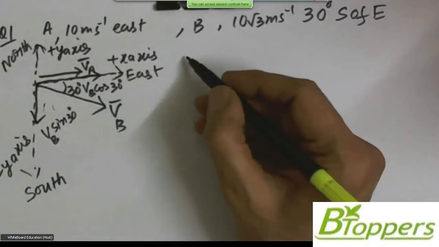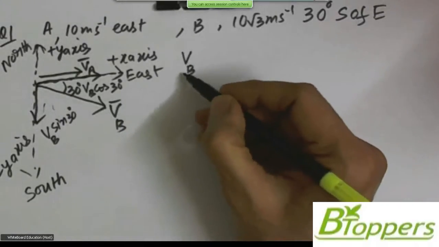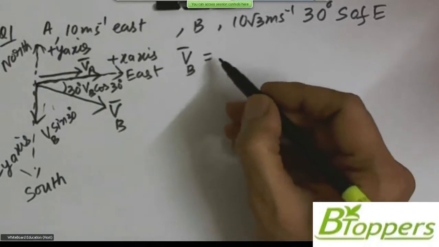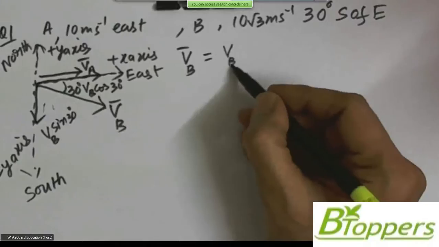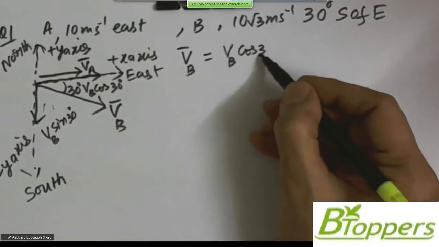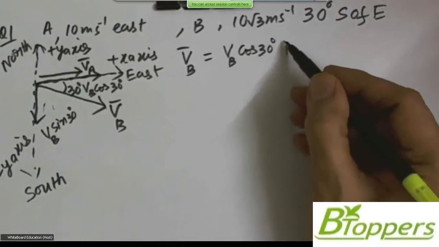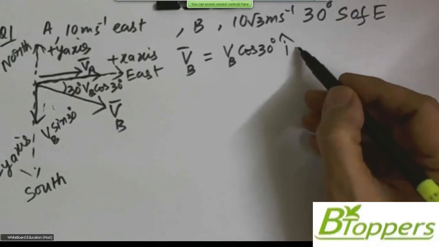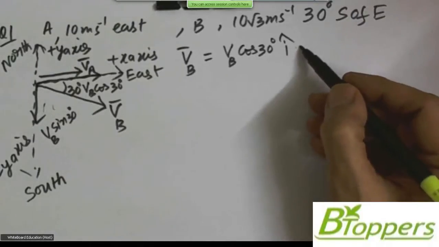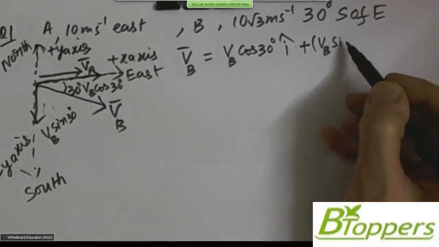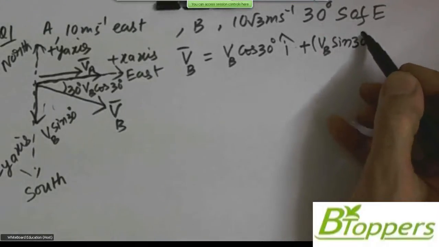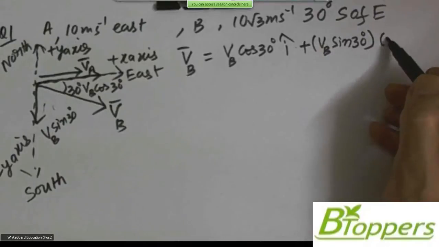So, in vector form, the velocity of B can be written as VB cos 30 degrees into i cap, because the component in the y direction has magnitude VB sin 30 degrees but is directed in the negative direction of y-axis.